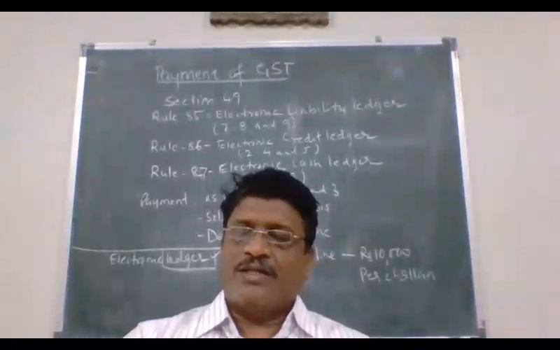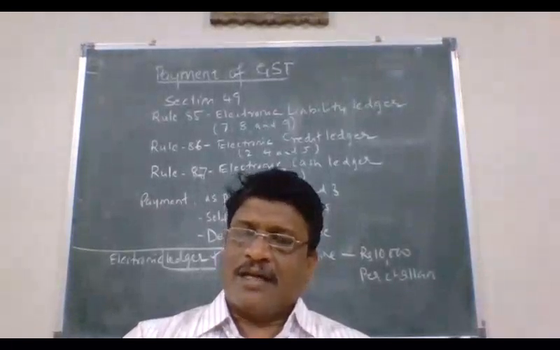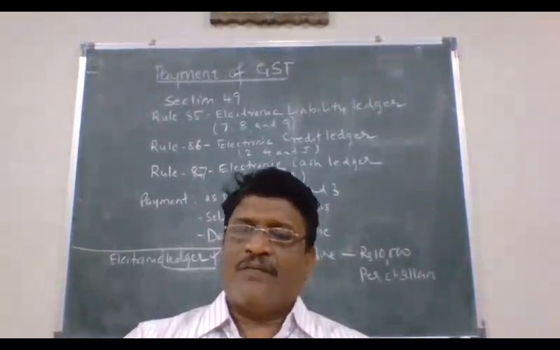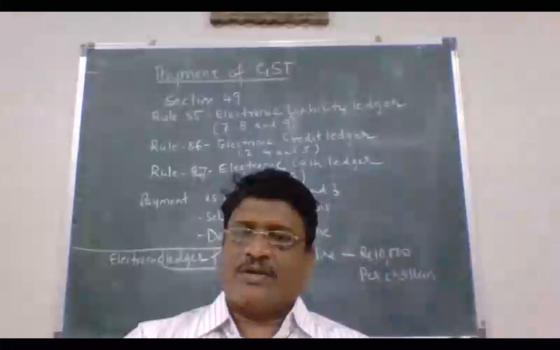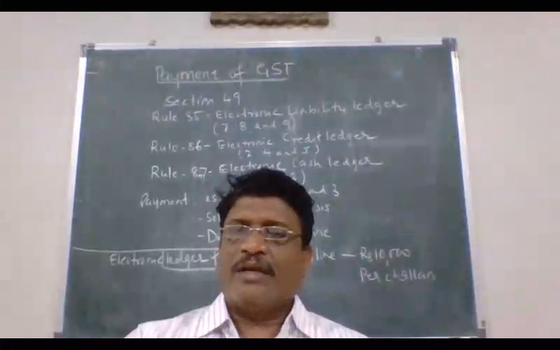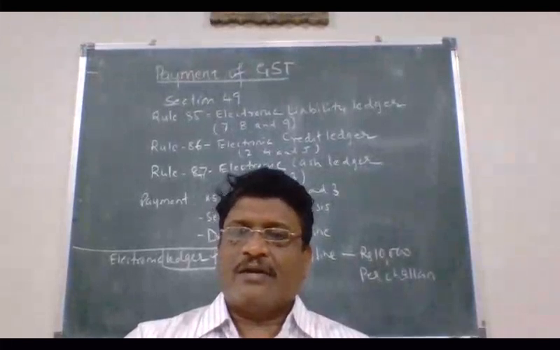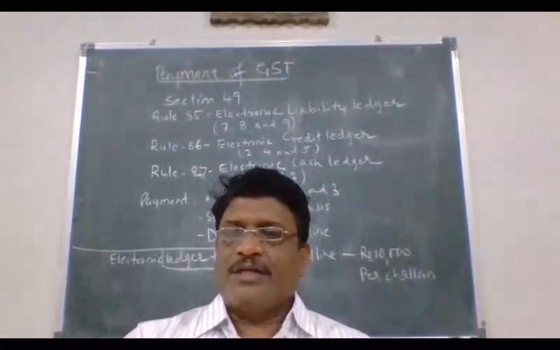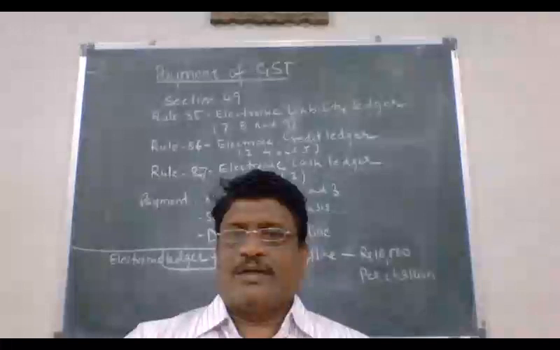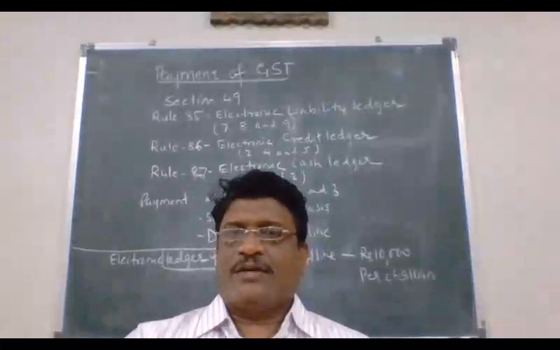So the registered dealer making the taxable supply of goods or services or both is liable to pay the GST. Section 49 of the CGST Act deals with the payment of GST.